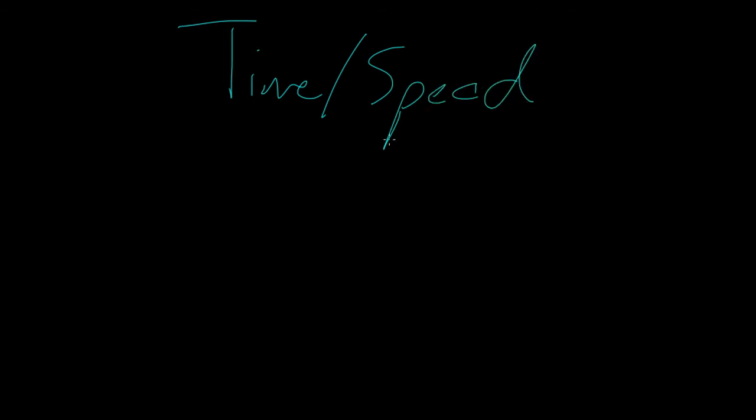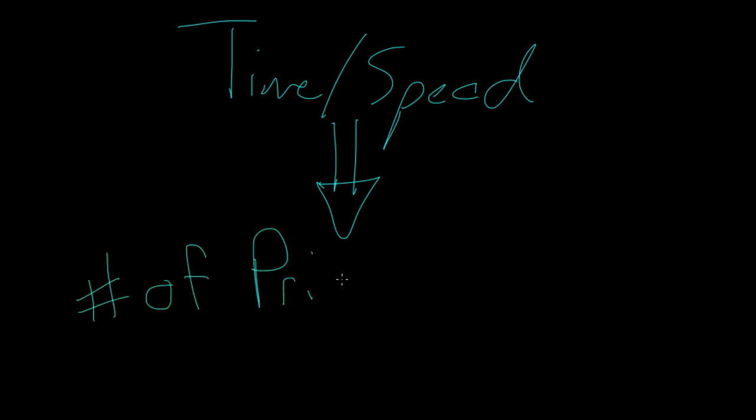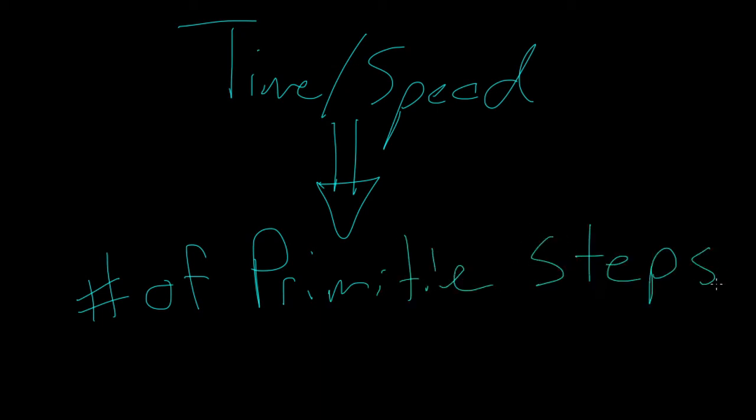So now we can summarize. When we talk about time or speed of an algorithm, we are not talking about seconds. We refer to the number of primitive steps. We say primitive steps because we assume each primitive step takes a constant amount of time.